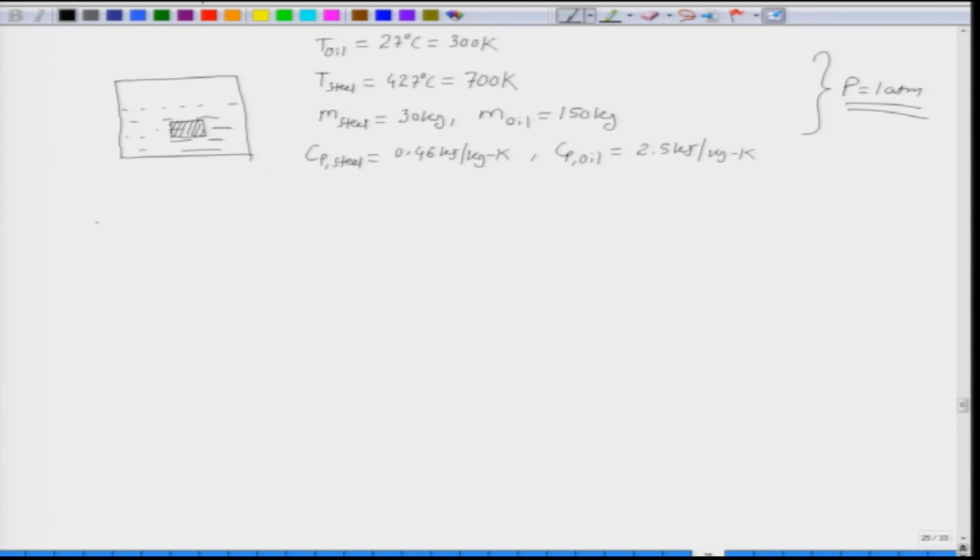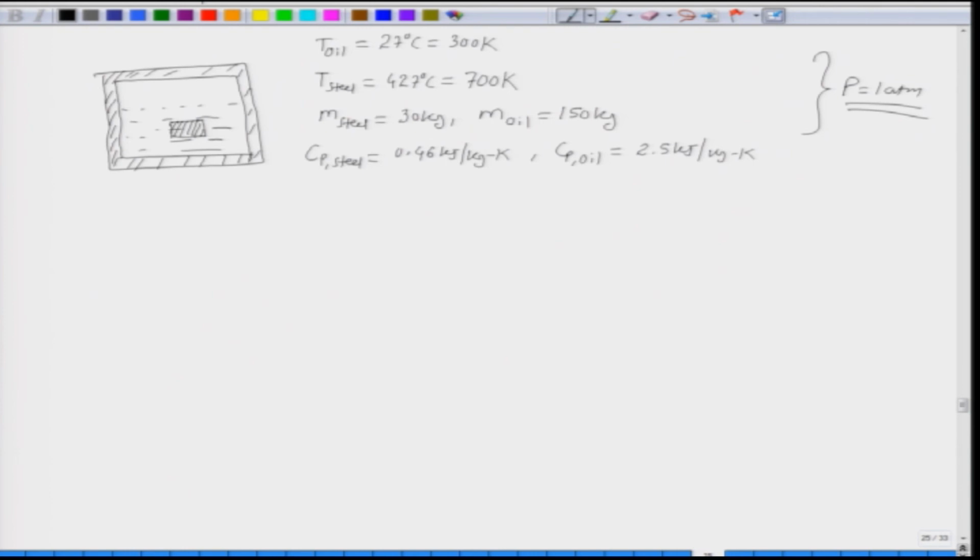So, first we need to get at the final temperature of the system of oil plus steel, right. So, this container is given to be a perfectly insulated container, which means there is no external heat effect. The heat is transferred between steel and oil, but there is no external heat effect. So, this we can know based upon the Cp data, we know how much heat transfer is occurring.